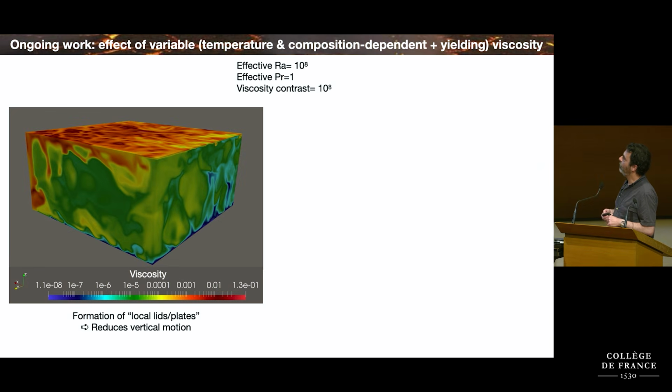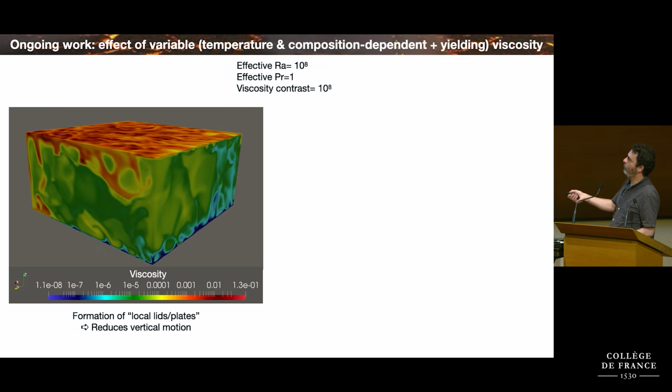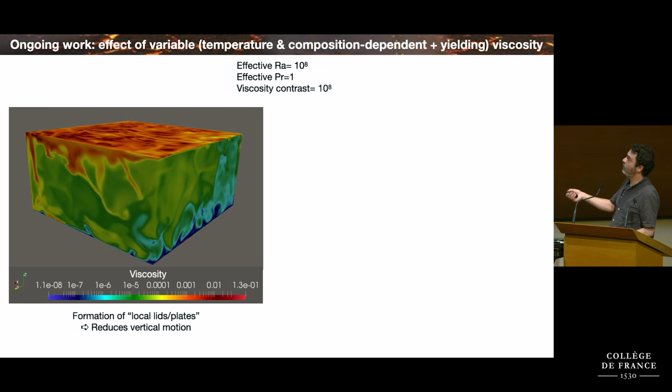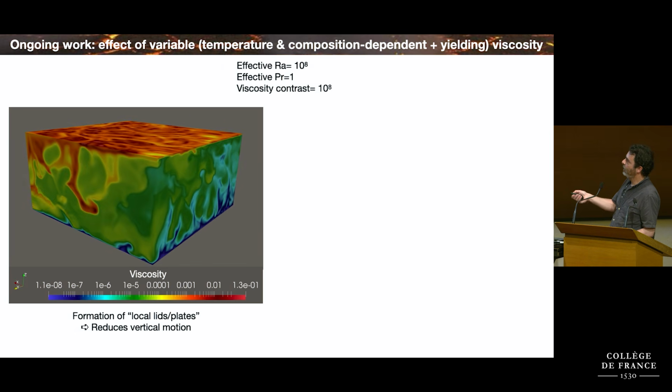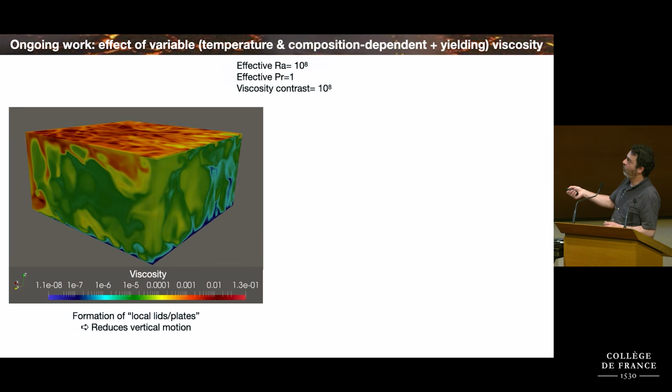Another complexity before I finish is to account for the effect of variable viscosity. This is similar to also what Anne has presented actually. So this time we consider that the viscosity is temperature dependent, could also be depending on the amount of volatiles. And you see here, this time this is a movie of the viscosity. So red is viscous and blue is not very viscous. So you're forming sort of micro plates.